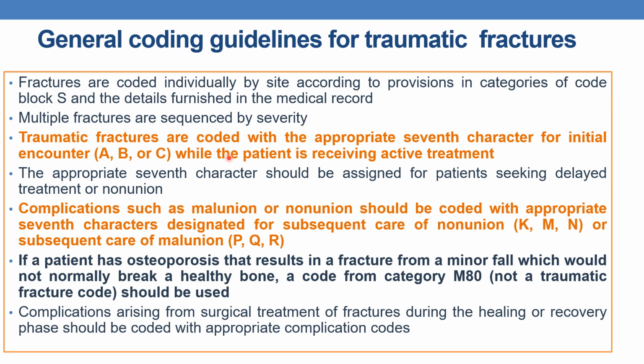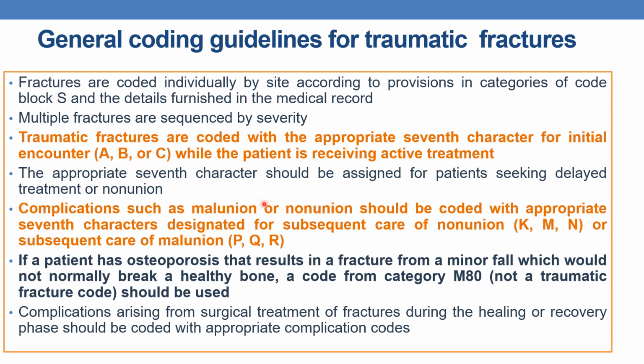Traumatic fractures are coded with the appropriate 7th character for initial encounter. It can be A, B or C while the patient is receiving active treatment. A indicates initial encounter for closed fracture, and B and C, which we have discussed earlier, indicate initial encounters for different types of open fractures.